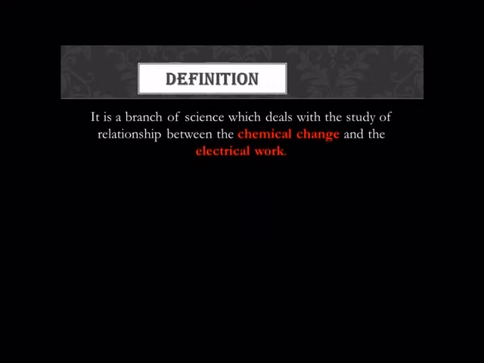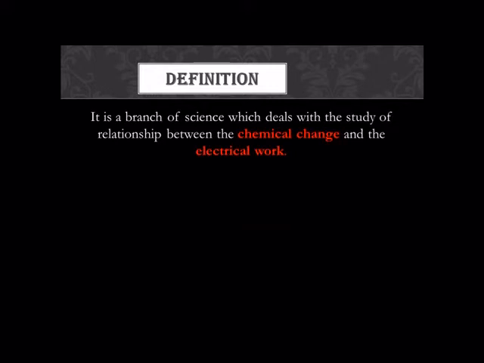Whenever there is a chemical reaction which involves the movement of electrons, this comes under the branch of electrochemistry. So it's a combination of the study of electric current, the charges, and the chemical reaction. In simple terms, it's a branch of science which deals with the study of the relationship between chemical change and electrical work.